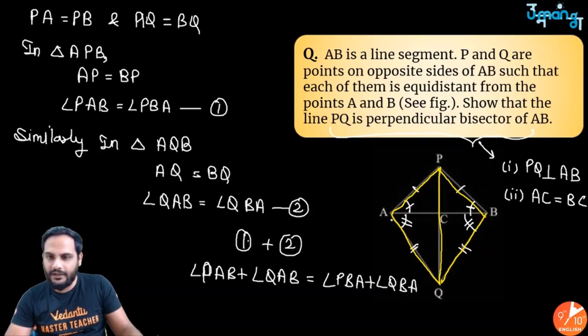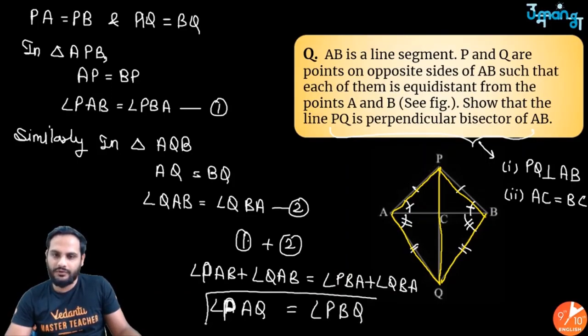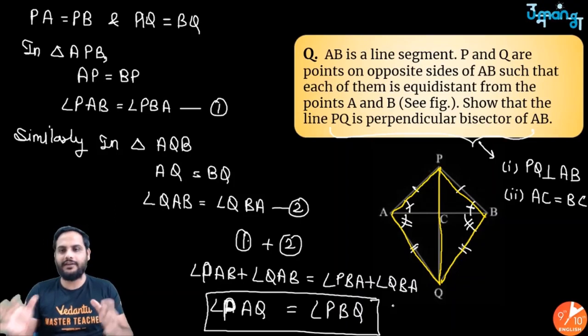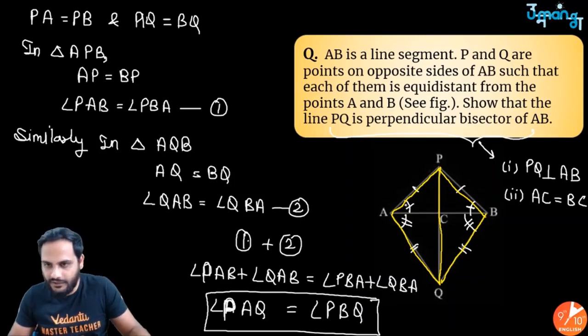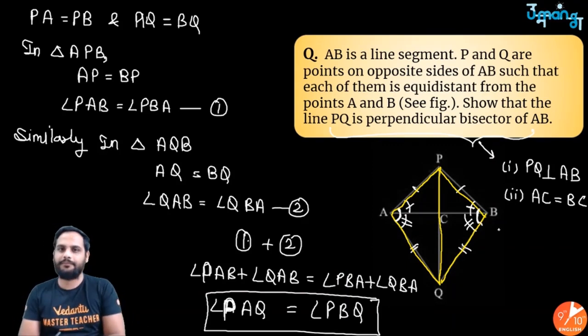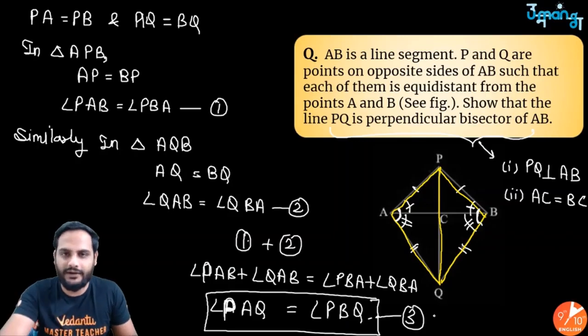So angle PAB plus angle QAB, overall this total angle I am getting, angle PAQ, is equal to PBA plus QBA, which is the total angle B, so it is equal to angle PBQ. Got it? This is the amazing result I have got: this complete angle at A is equal to this complete angle at B. So this is my third equation.